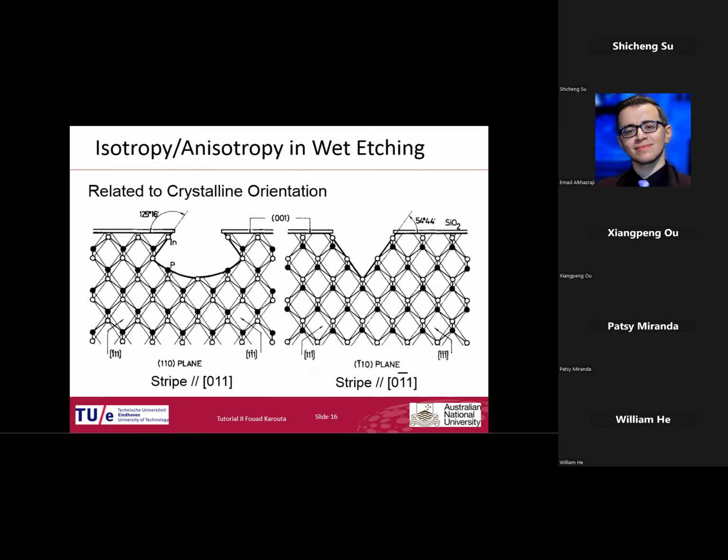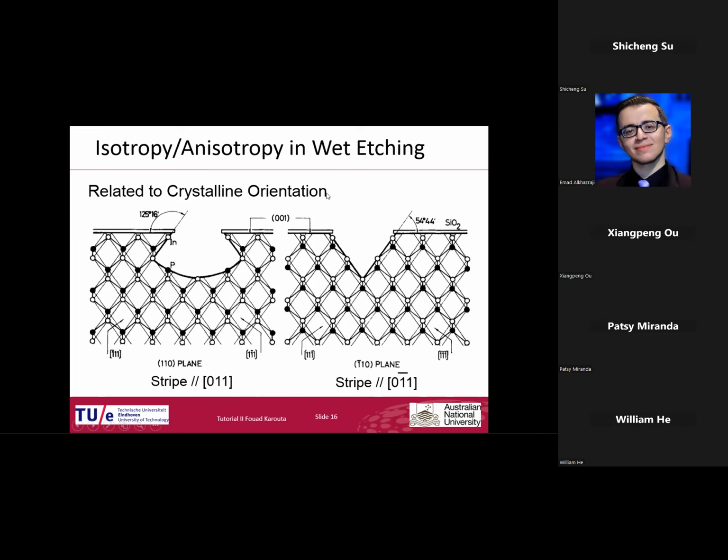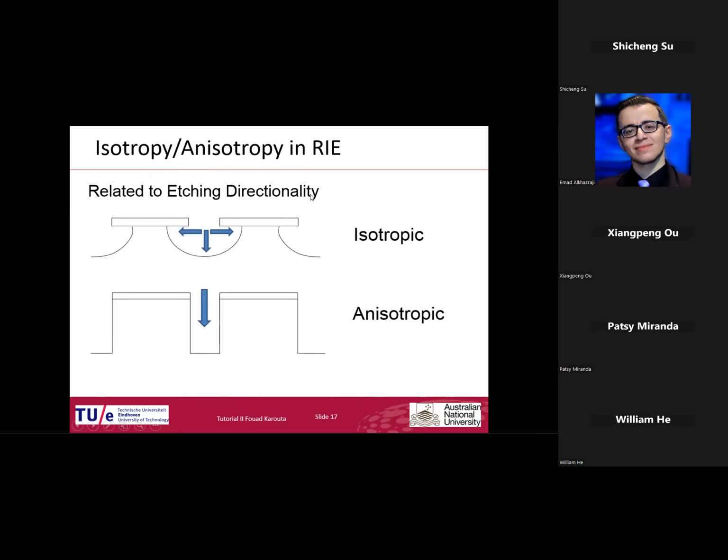Another topic I'd like to touch very briefly. In wet etching, when we talk about isotropy and anisotropy, it's related to crystal orientation. In dry etching, when we talk about isotropic, it means you are etching in all directions more or less at the same rate, so you get this type of circular shape.